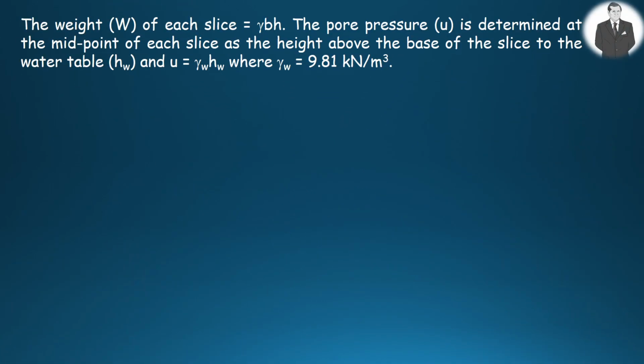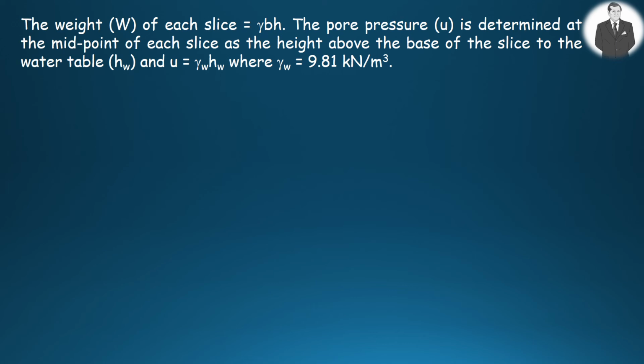The weight of each slice is equal to the bulk unit weight of soil times the width and the height of the slice. The pore pressure is figured out at the midpoint of each slice, as the height above the base of the slice to the water table, as mentioned before.